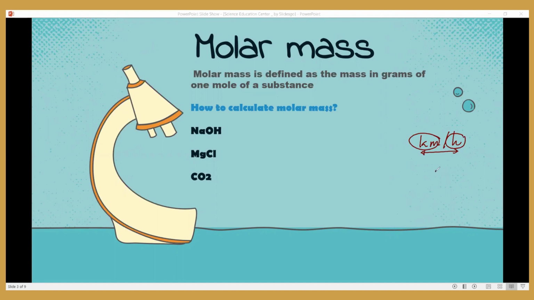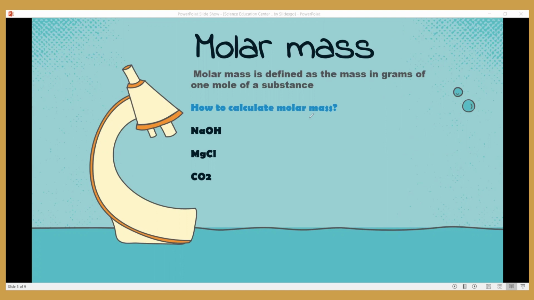Likewise, molar mass is how many grams we have of a particular substance in 1 mole. So, for example, if we are measuring 20 grams of sodium, how many moles are there in these 20 grams?